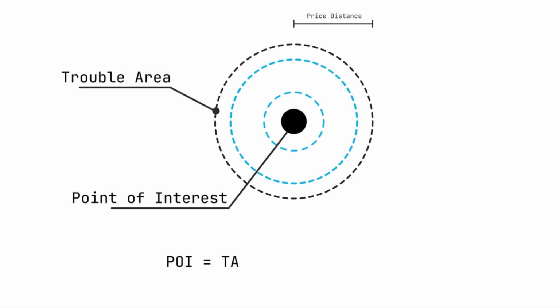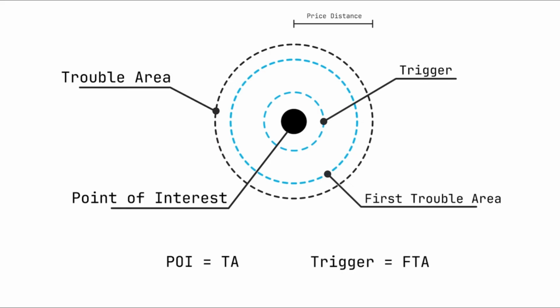Trouble area will always be on the same time frame as our point of interest, which is variable 2 from the HTF combo. First trouble area will always be equal to the trigger, which for us most often is variable 3. Always remember these formulas to correctly identify market conditions. You will understand this principle better when we analyze real situations on charts.